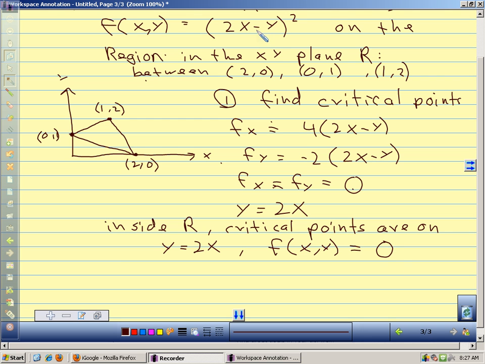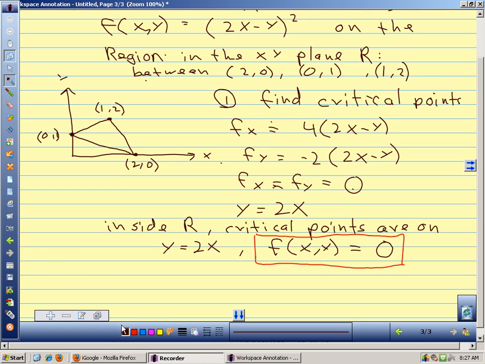So along the line y equals 2x, f of x, y equals 0. So there's one set of points that we're interested in. Along the line y equals 2x, our function is 0. So there's our first step.